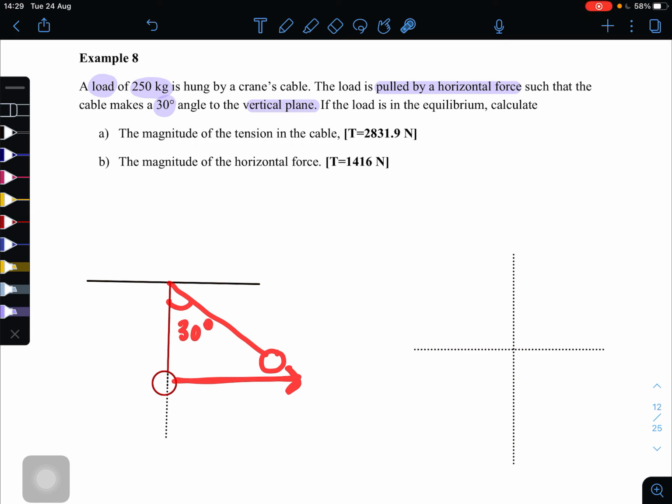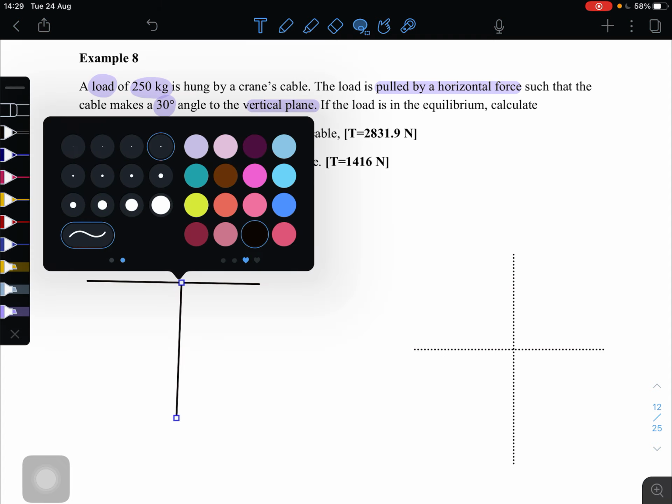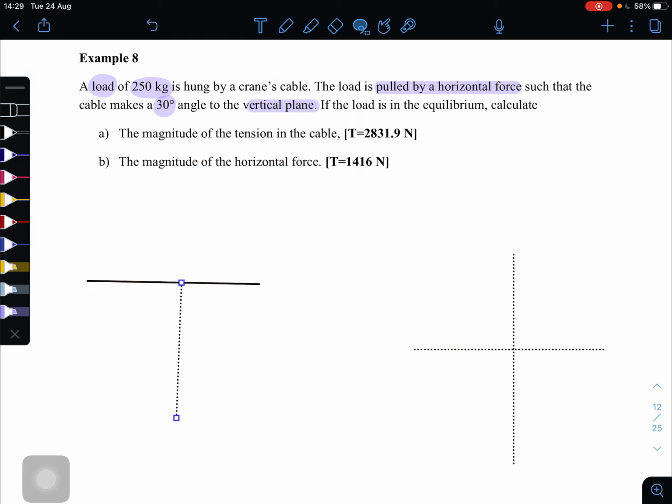After it makes an angle of 30 degrees, we can draw it here. Okay, let me draw that one again. This one is the dotted line.